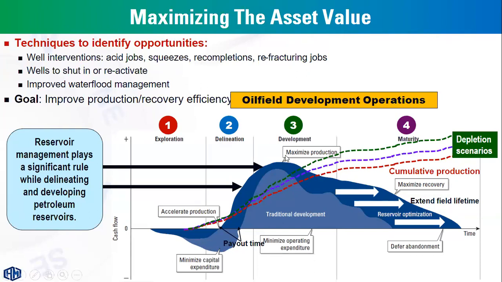Our objective is to extend this period as much as we can to have much more oil recovery during this phase. Finally, in the maturity phase, as you can see, the production rates start to decline due to the depletion of the average reservoir pressure, unless we have a secondary or tertiary recovery development plan and so on.